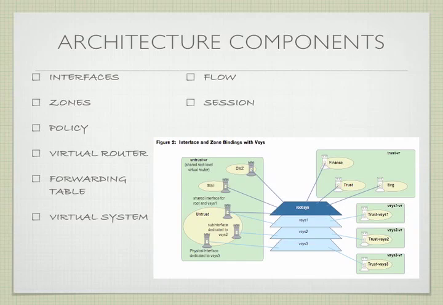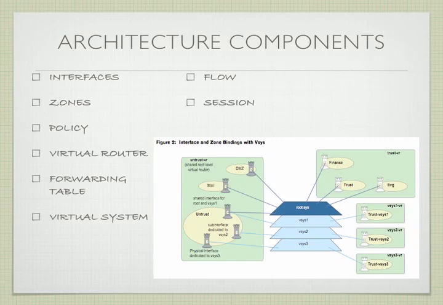So in this scenario, we have a number of bindings happening in each of the virtual systems. We show that there are some zones and some physical interfaces that belong to each of these different virtual systems. Virtual systems can have within them virtual routers. So one vsys can have multiple virtual routers.